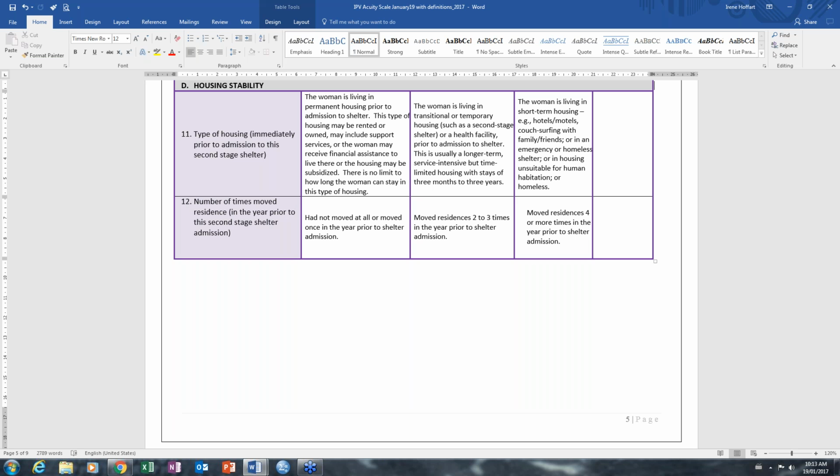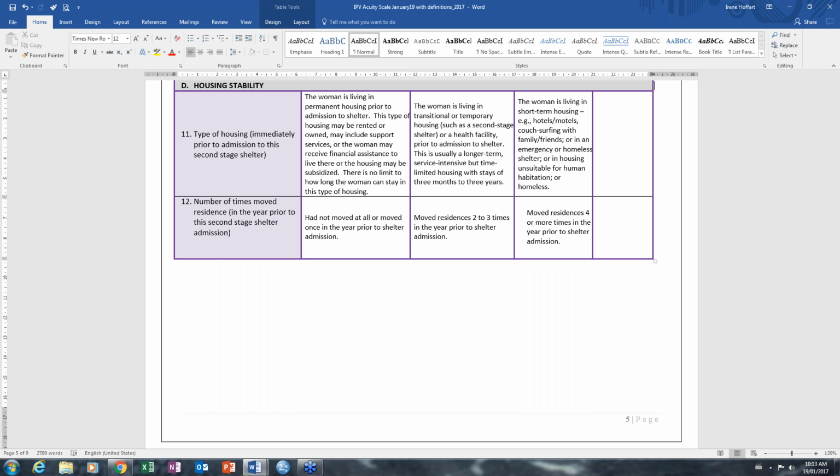Let's say she was in emergency shelter in 2015, left emergency shelter, moved in with her partner, let's say in February of 2016, then moved to her parents in, say, April of 2016, and then came to second stage shelter in January of 2017.